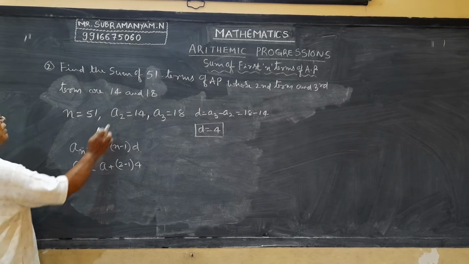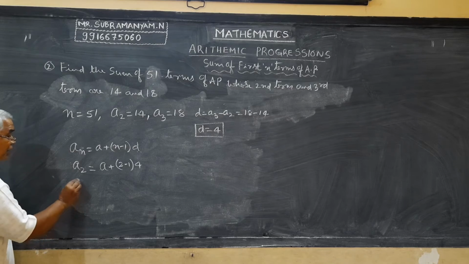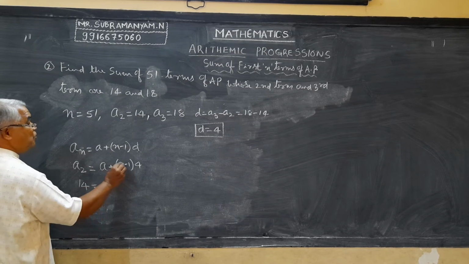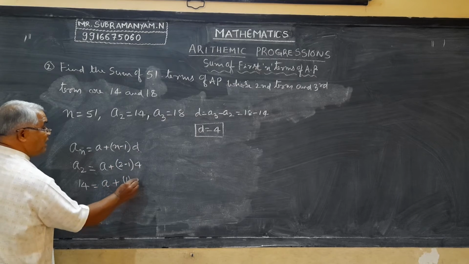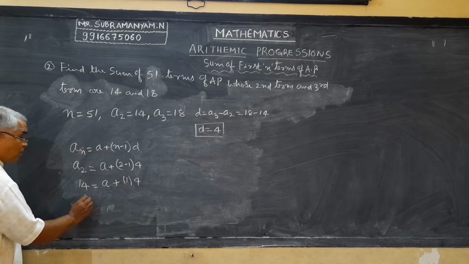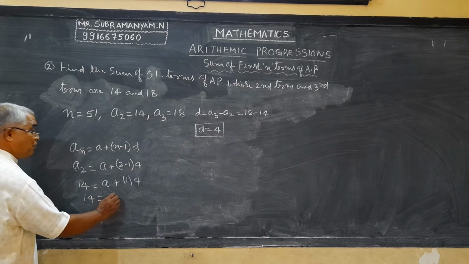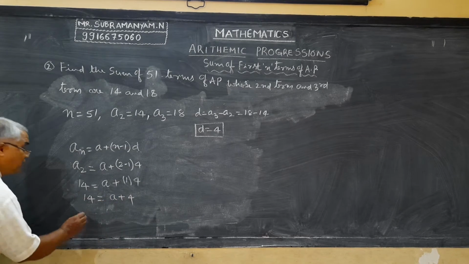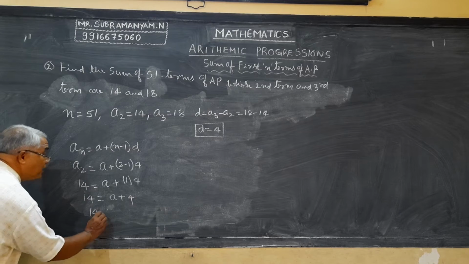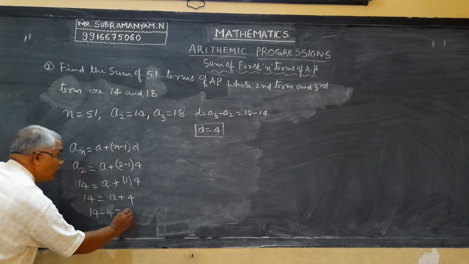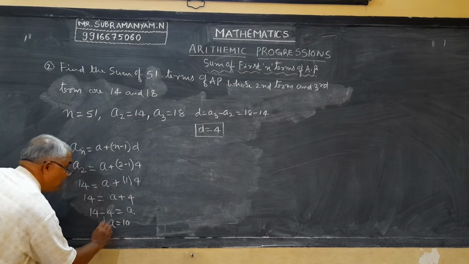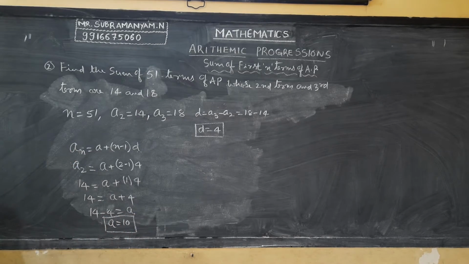So a2 value is 14 equal to a plus 2 minus 1 is 1, 1 multiplied by 4. 14 equal to a plus 4. Now transfer 4 to the left hand side. 14 minus 4 equal to a. So a value equal to 10.